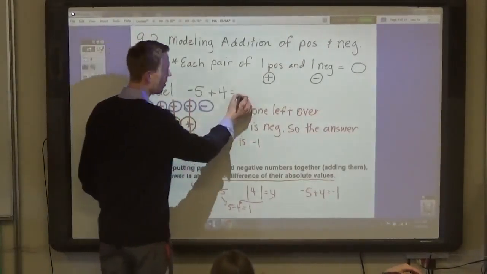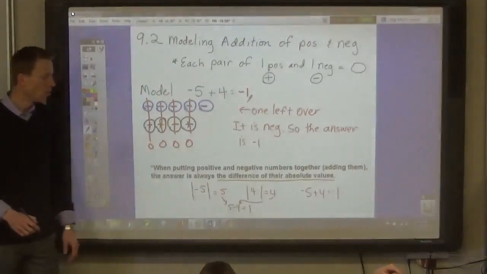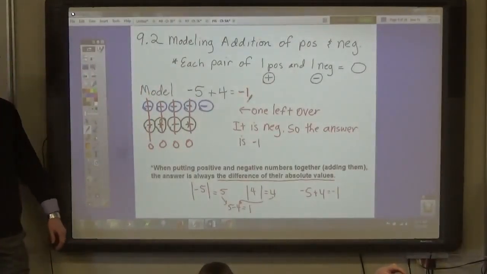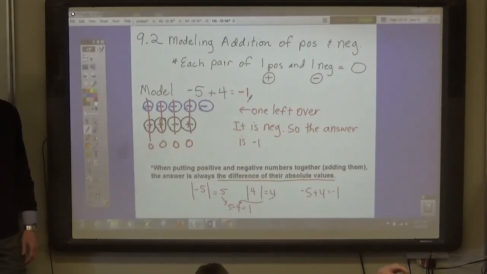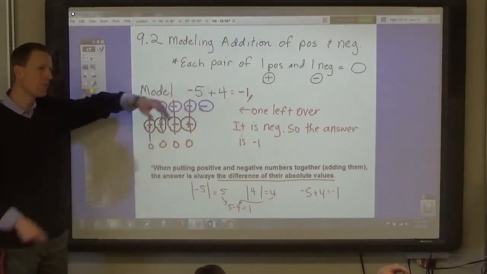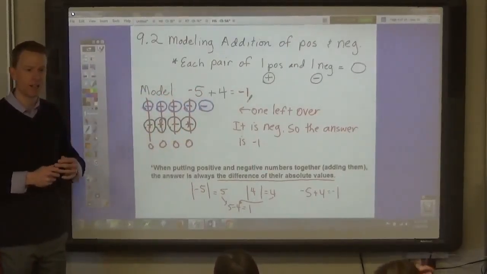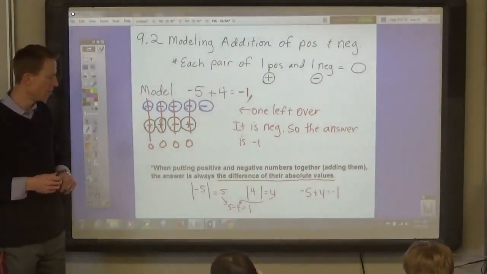Yeah, -1. Whatever's left over is the difference between the two. Okay? It's simple, but it takes a little bit to make sure that you understand and you get them right every time. Okay?